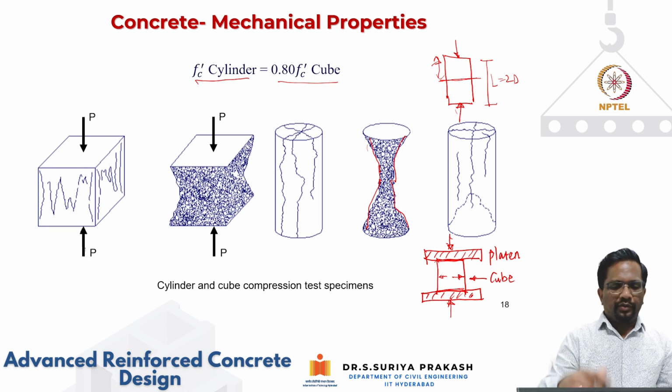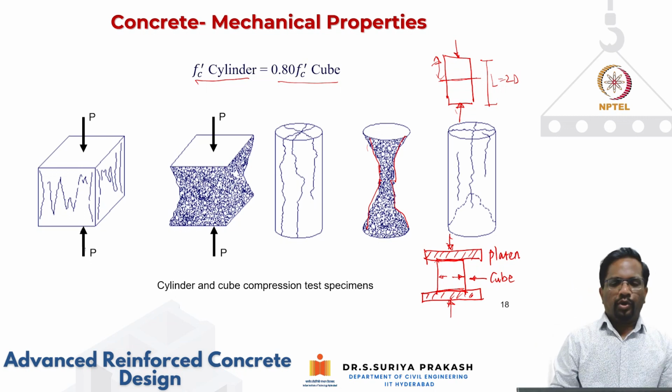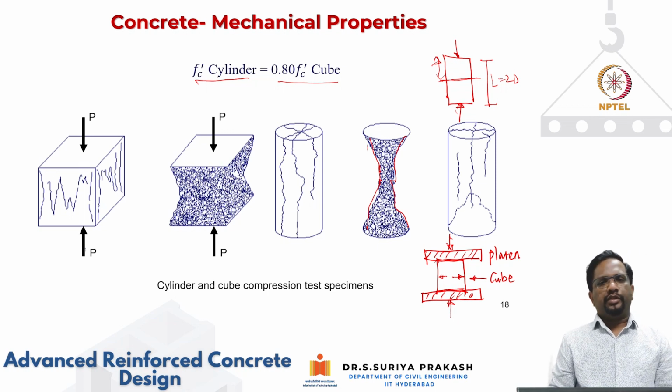that you will get only when you test with specimens of aspect ratio of 2 or more. Okay, so that is why the cylinder usually gives only 80 percent of your cube strength, or your cube strength is actually 25 percent higher than your actual material property, the actual compressive strength.